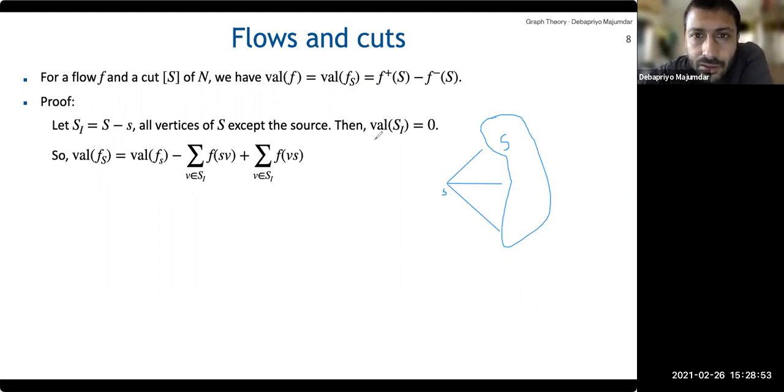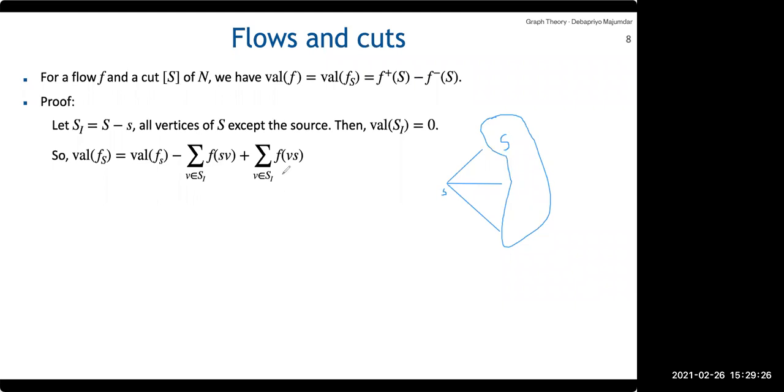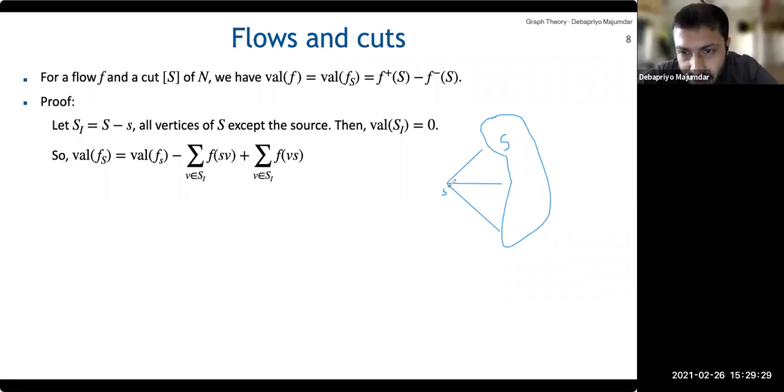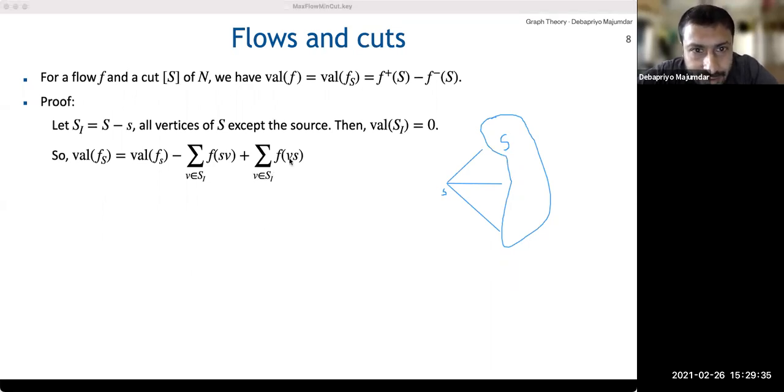Now we know that the value of this portion is 0 because it doesn't contain the source or the sink. But what is the value of the total thing? The value of the total thing is outgoing minus incoming. Total outgoing, then we must have the value of F of source. This one we must add. But from the source, we contribute to a lot of incoming here, right? So that we should subtract. And from the other vertices, in case there is something to the source, that we should add, right? So that's what we have for this portion.